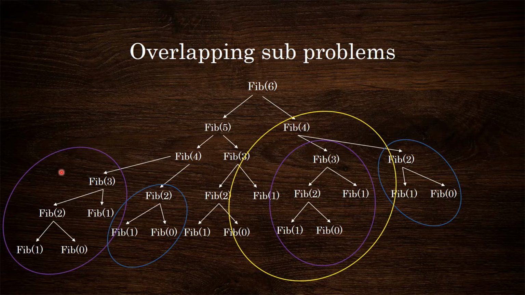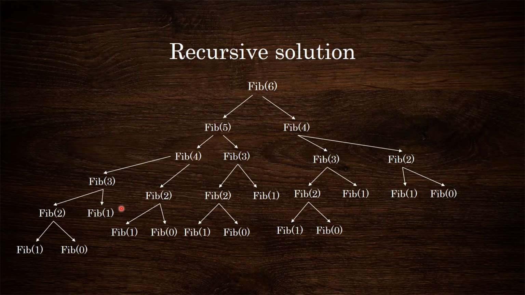As we can see, we need Fibonacci of 2 multiple times in the tree. Also, on the left side of the tree, we are expanding the branch by n times. And on the right side, we are expanding the tree by n by 2. Like on the left side, we are going Fibonacci of 6, Fibonacci of 5, Fibonacci of 4, and this goes on.